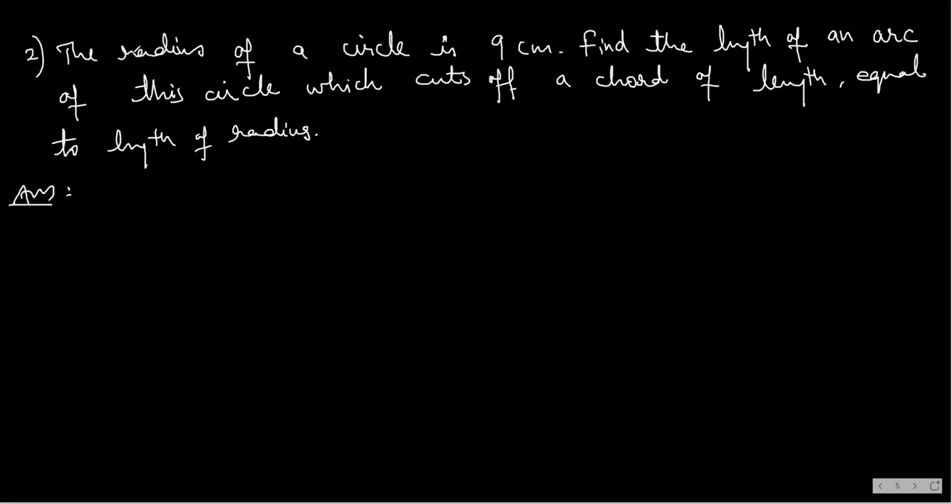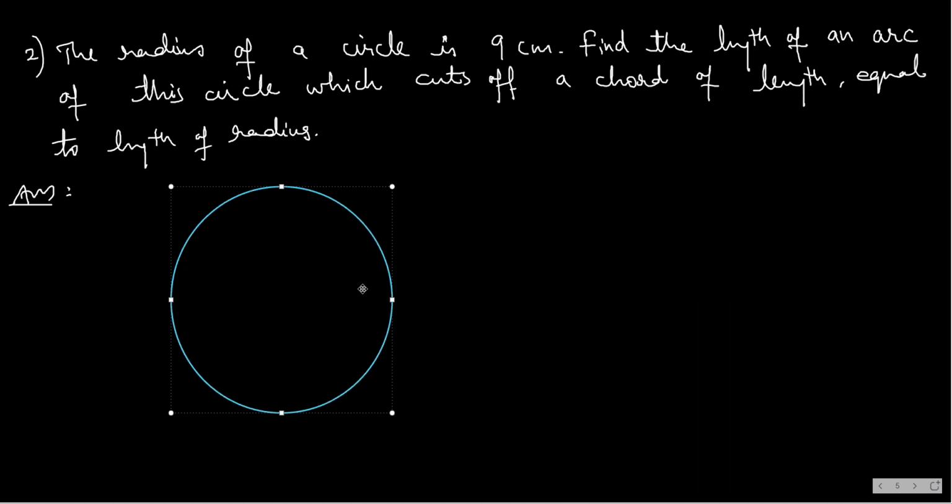The next question is, the radius of a circle is 9 centimeter. Find the length of an arc of this circle which cuts off a chord of length equal to length of radius. Okay, this question is quite interesting, but this question needs to be first understood clearly. If you understand the question clearly, you can answer this very easily.